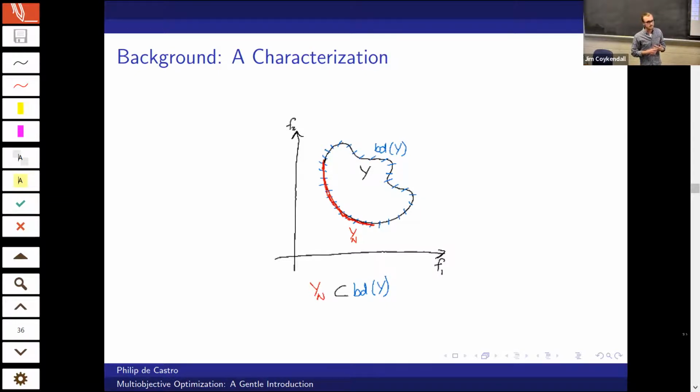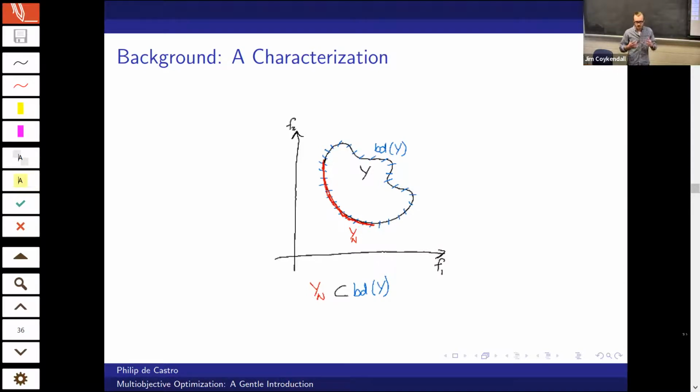And typically what we talk about is convexity. Your decision space may be convex, but in general, you don't expect your outcome set to be convex. Even if the function is not continuous, it still forces the Y sub P into the boundary. Interesting.